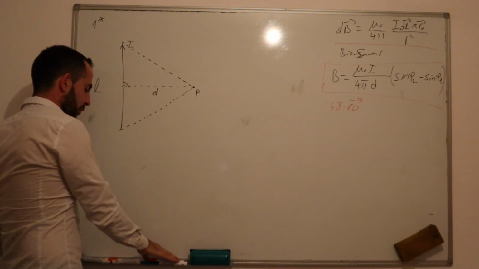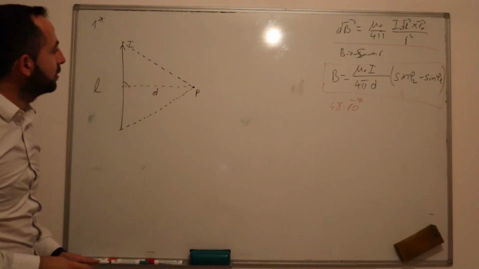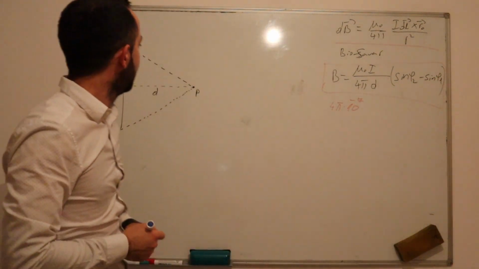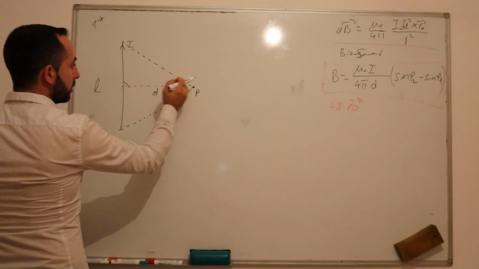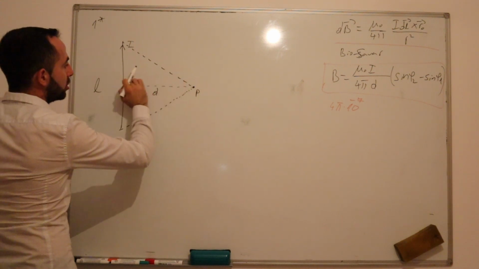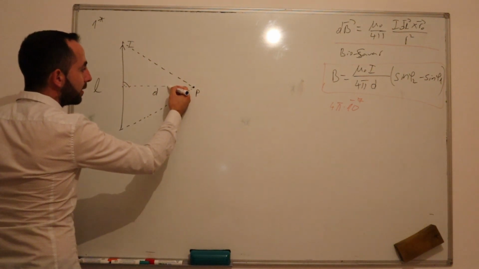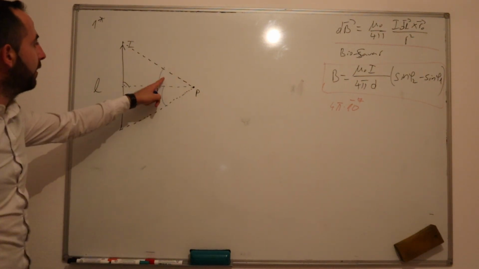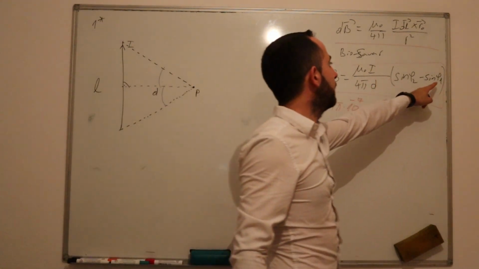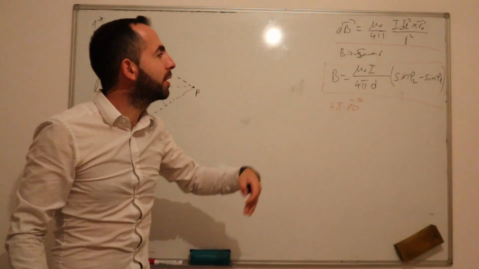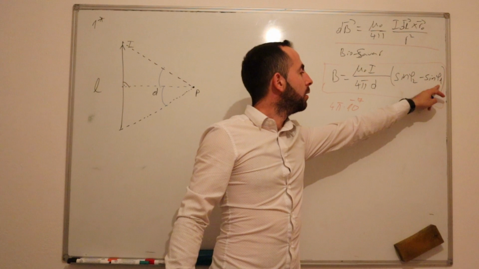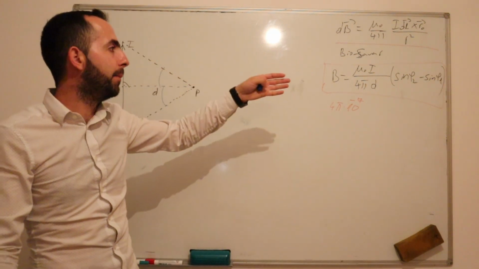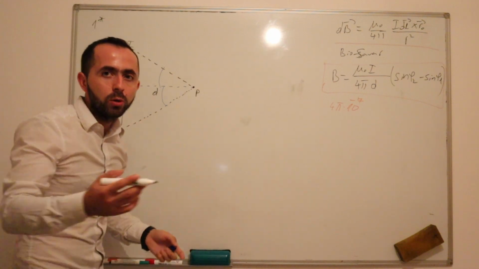Now, you can very easily guess what these two angles from this formula are. As we draw this distance which is normal to the conductor, and this line, we get two angles. One is phi1, and one is phi2. You can notate this and write alpha, beta, theta, whatever you want.